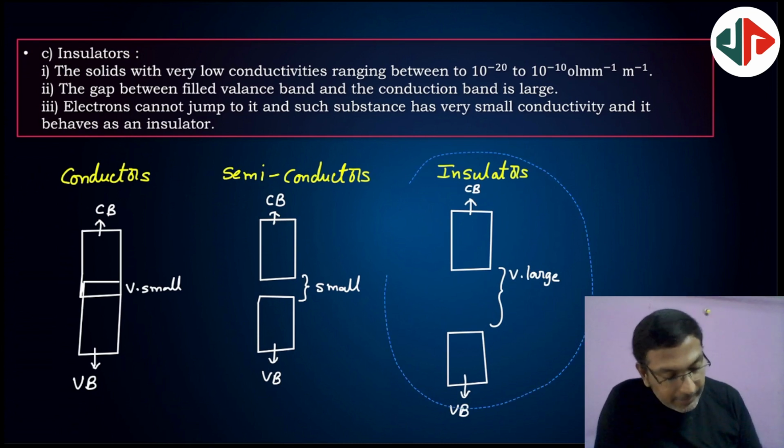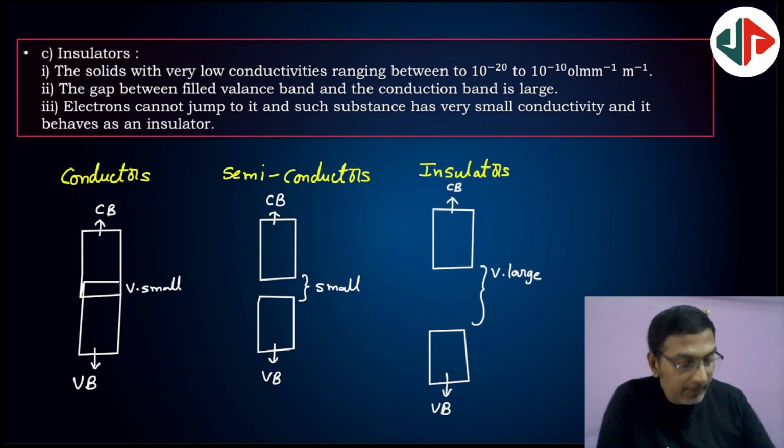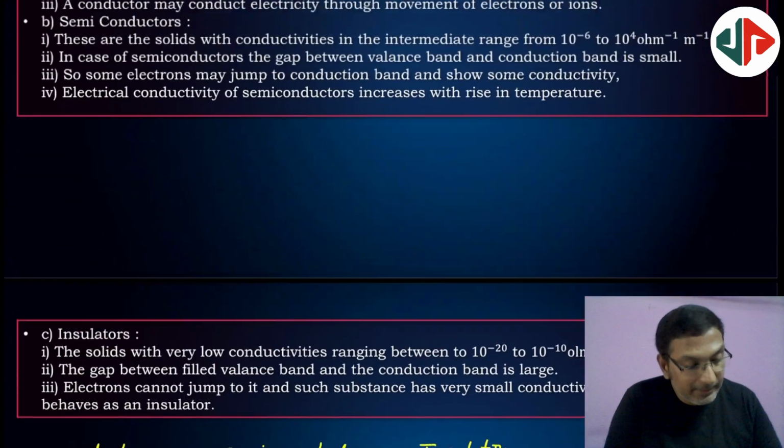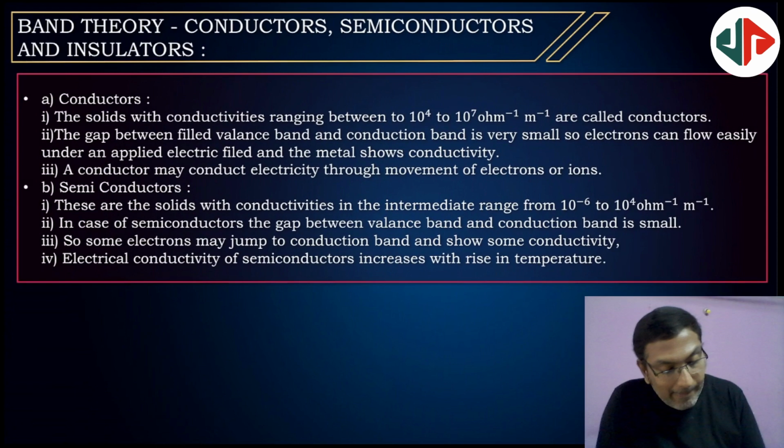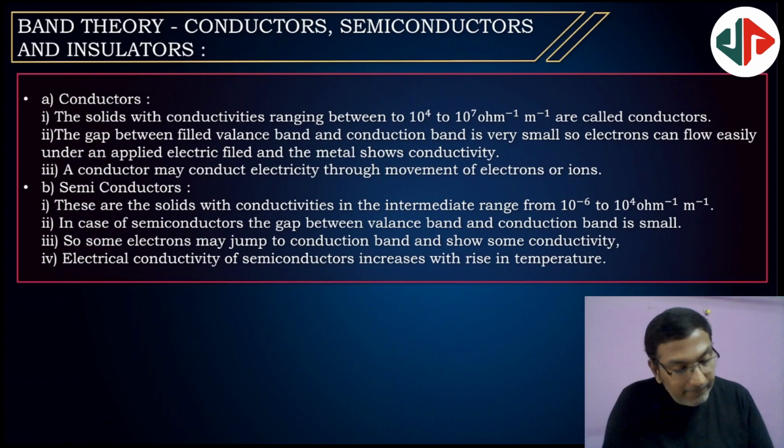Check here these three. Now see the points. In case of conductors, the gap between valence band and the conduction band is very, very small. Therefore, they can conduct electricity easily.